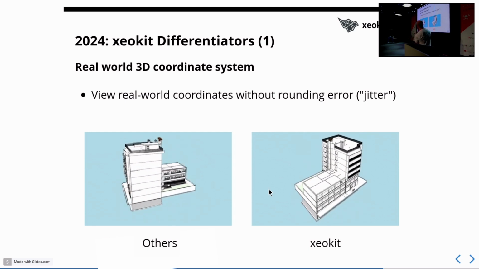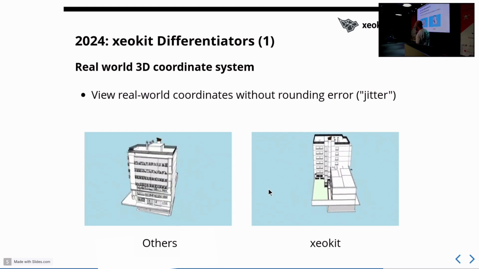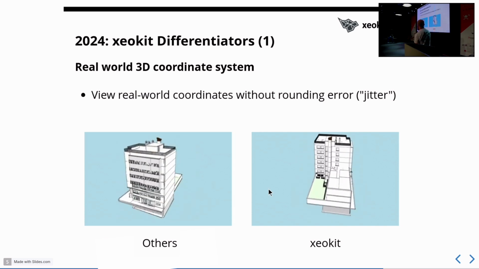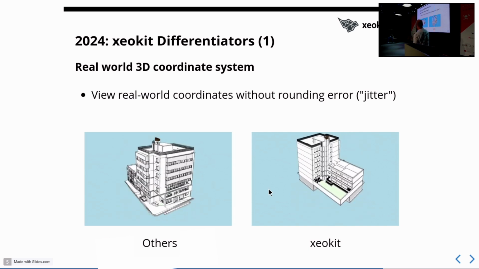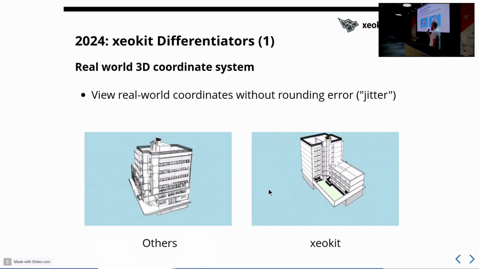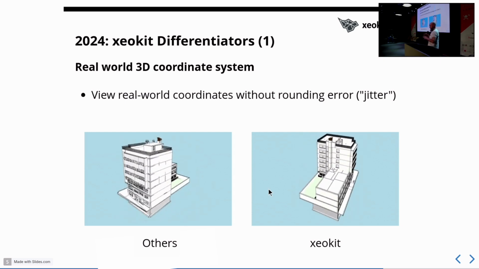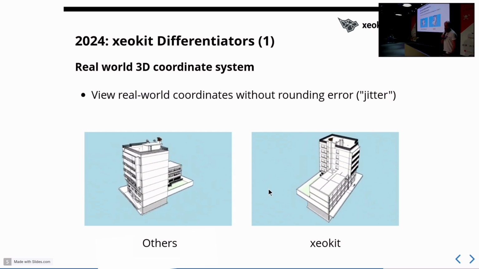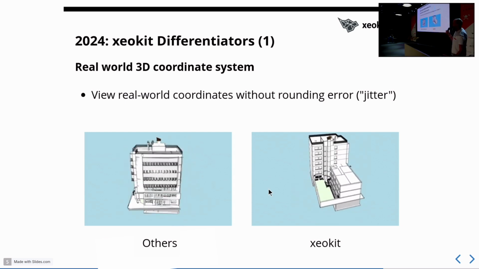So what we've got here is an apartment in Lyon, France, in its real world coordinates, and there they are rounding. And in Xeokit, we use a tiled coordinate system like Cesium.js. Automatically, it transparently splits things into tiles. And so we're able to emulate 64-bit precision on single precision GPUs.